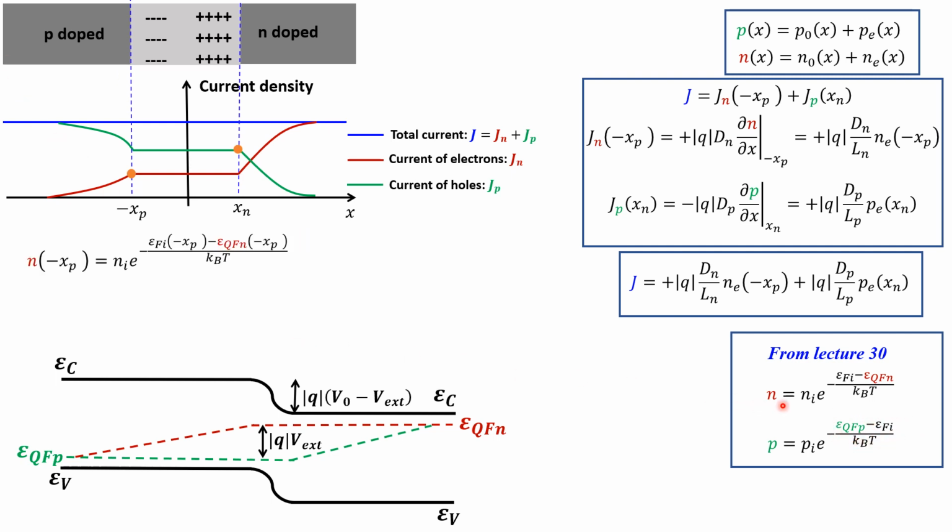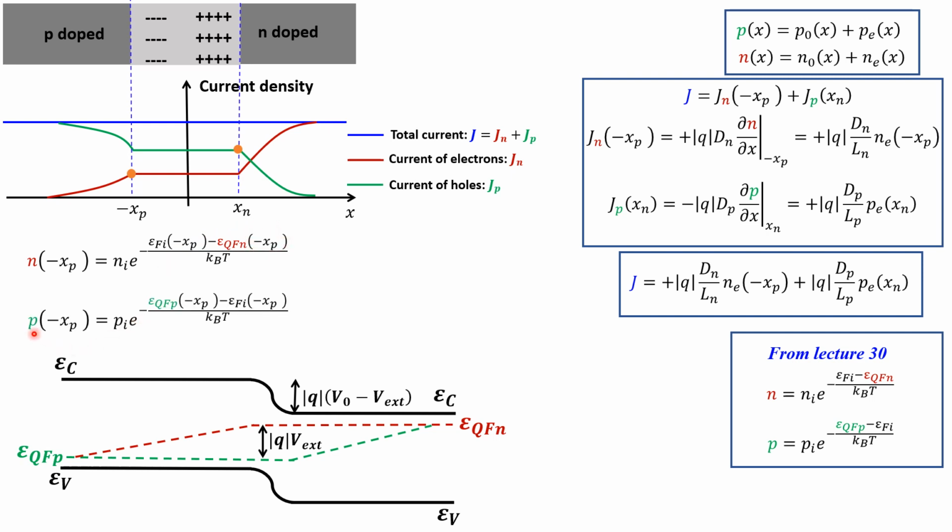So let's begin by evaluating the concentration of free electrons at this point minus xp. So here we have the expression. It's just this concentration evaluated at the point minus xp. Since the only parameters that depend on space are the Fermi level of the intrinsic semiconductor and the quasi-Fermi level, I am showing them here as a function of space evaluated at the point minus xp.